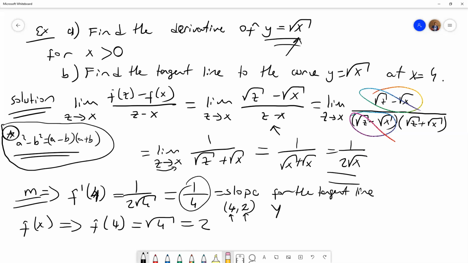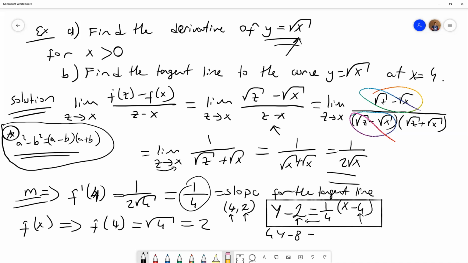And finally, we can write that y minus 2 is equal to 1 over 4 times (x minus 4), the abscissa here and ordinate here. And finally, the tangent line is this one. And you can also write, multiplying by 4 here, 4y minus 8 is equal to x minus 4. And finally, 4y minus x is equal to 4, or maybe 4y minus x plus 4 is equal to 0. These are all the answers of this question.